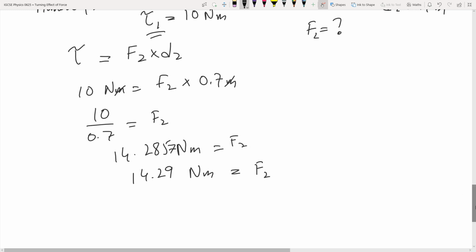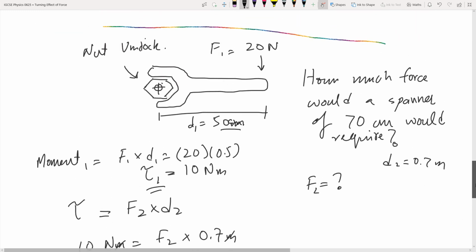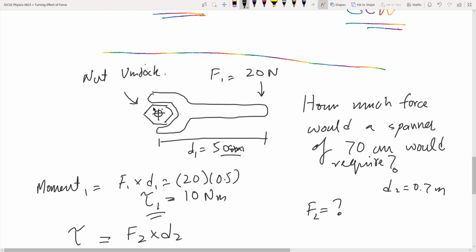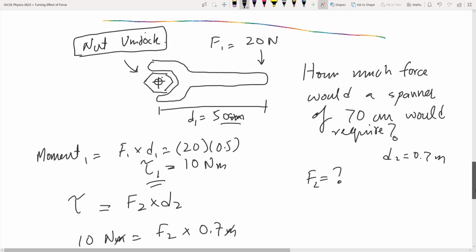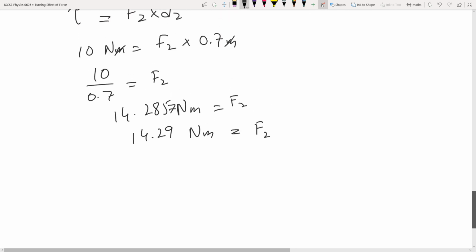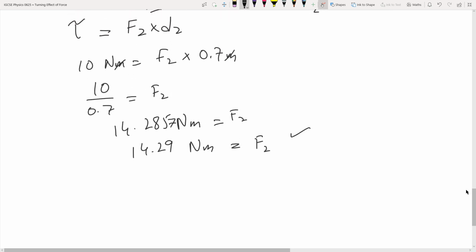So as you can see, when the spanner got longer, less force is required to unlock the same bolt. Remember that the moment will be the same to unlock this nut, because the nut is not changing, it's the length of the spanner that has changed, resulting in lesser force required. What if the spanner was 30 centimeters?